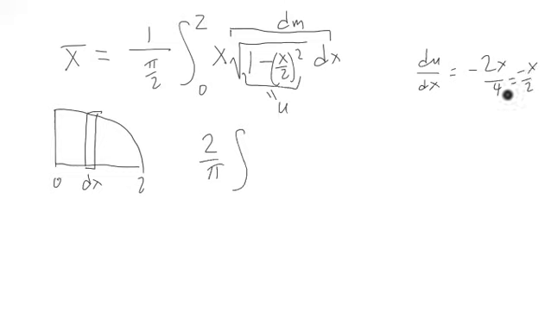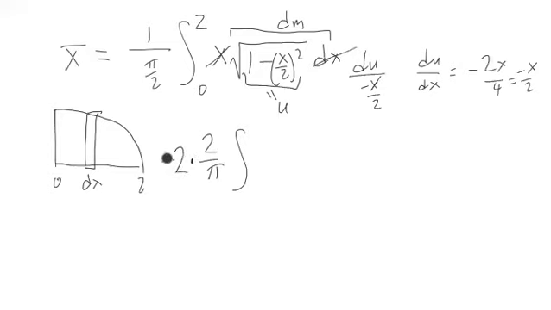So minus x over 2 is the derivative of u with respect to x. So in making the substitution, we can cross out this dx and replace it with du divided by this derivative, which is negative x over 2. Notice that this x will cancel with this x down there, and we'll have negative a half, which will come out to be negative 2 on the top. So we'll end up getting negative 2 right here.